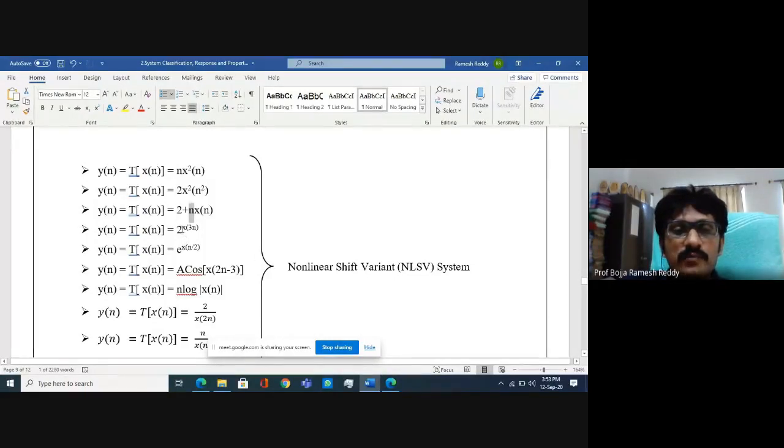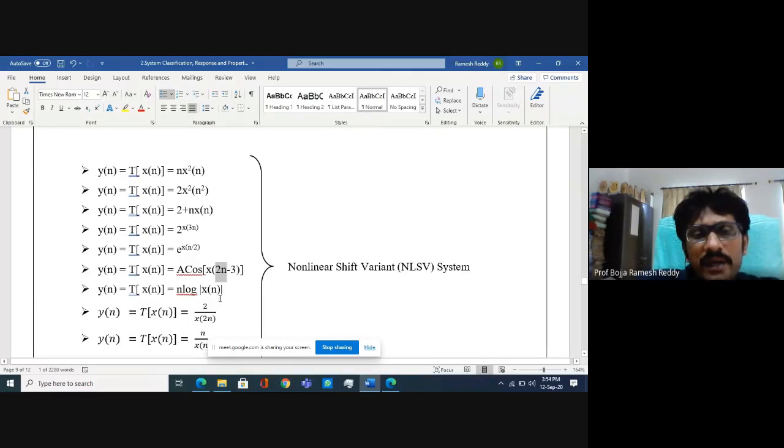Next, because of 2 power it is non-linear, because of 3n it is shift variant, because of the exponential it is non-linear, because of n by 2 it is shift variant. Because of the cos function it is non-linear, because of 2 times n it is shift variant.